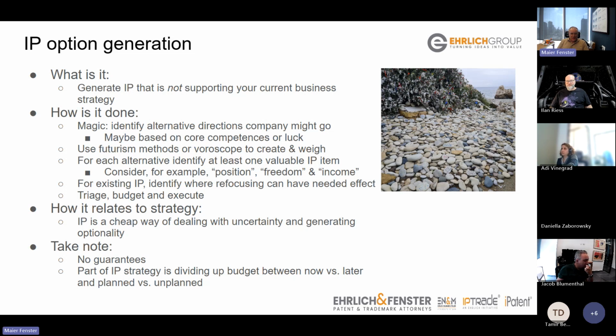This item could be something that gives me income, that I need for freedom, or an IP position which can block other people, whichever. At the same time, you look at your existing IP and ask, where can I get one of these effects using refocusing? And as before, you do some sort of triaging activity, you look at the budget, and you execute.